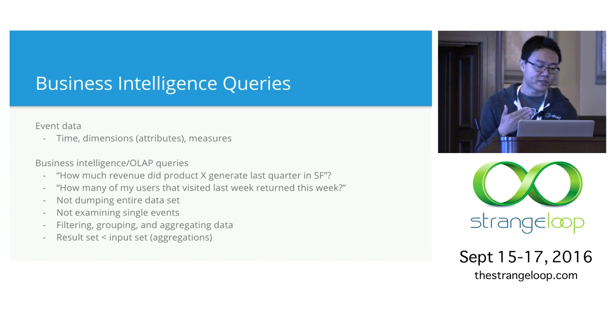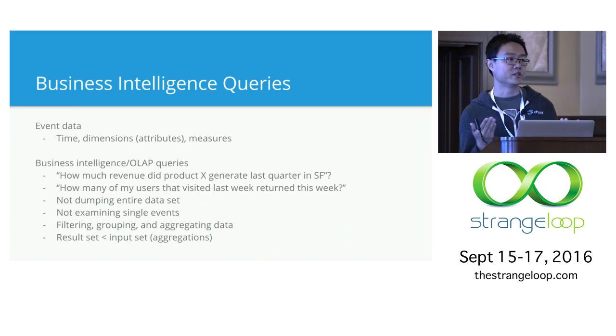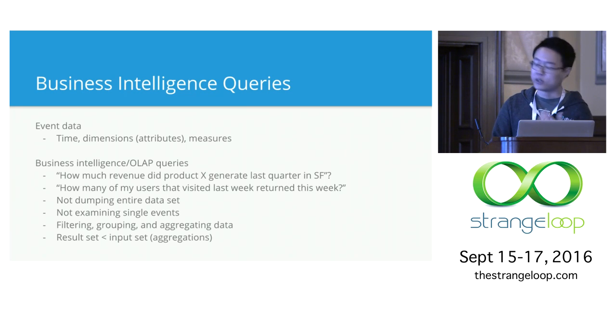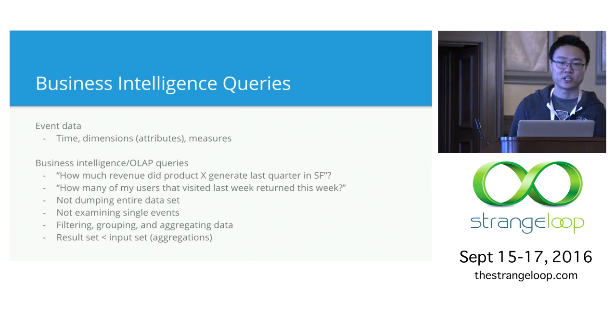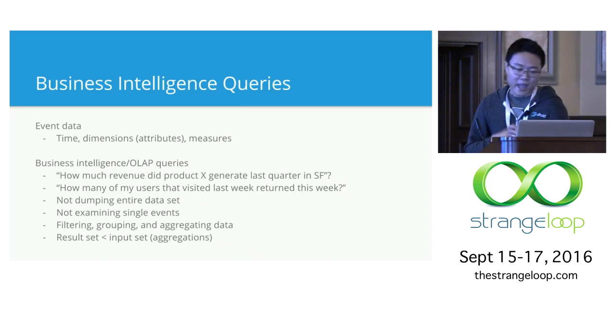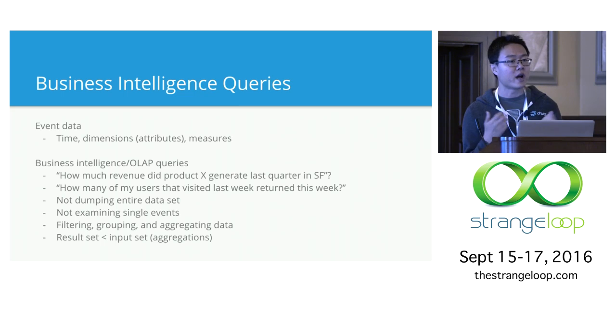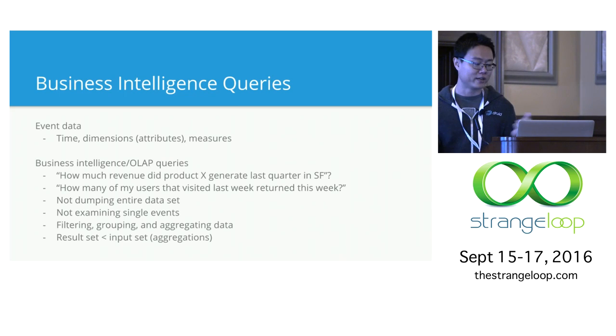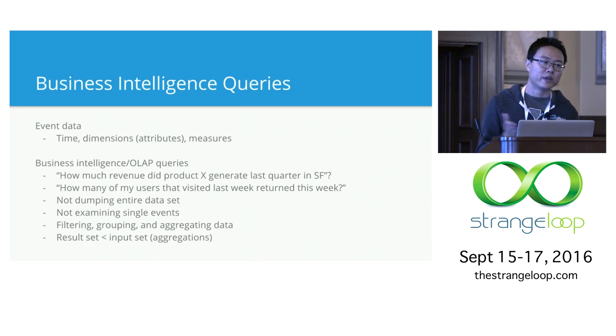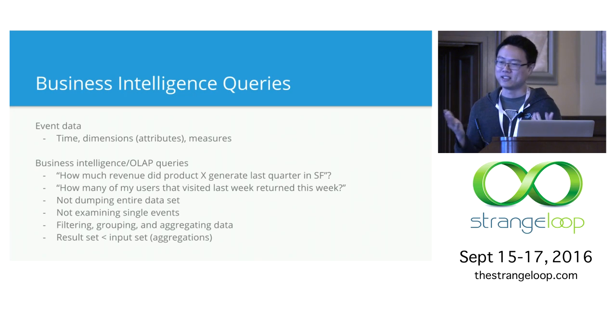Or maybe you're running a web server, and you want to know how many users visited my site last week, and how many of those also returned this week, so doing retention analysis. And in all these OLAP queries, what you're not doing is dumping the entire data set, and you're not really looking at individual events, because you might have billions of events, and a single event is not that interesting.